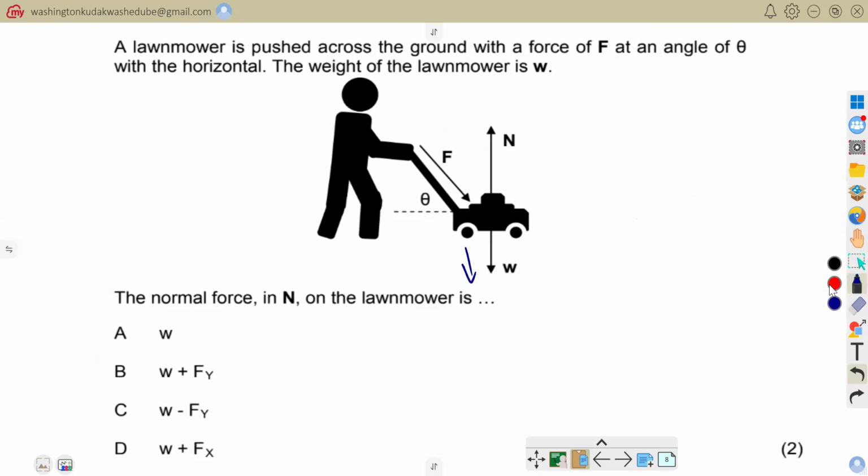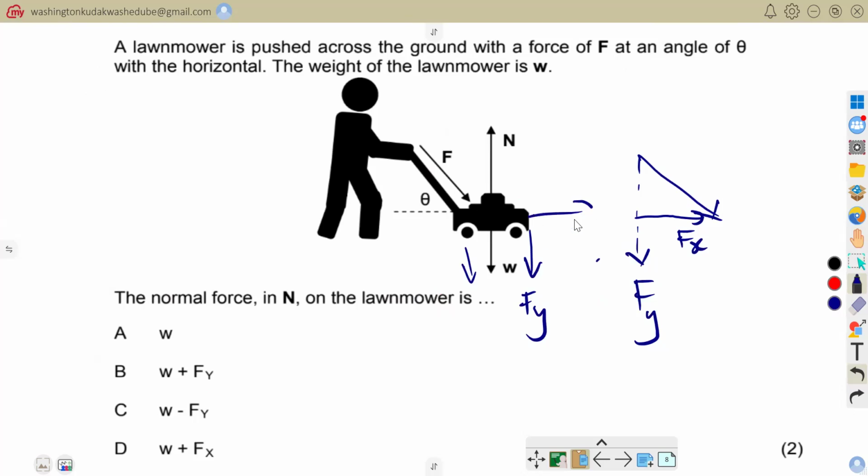So how do we resolve that force? We are saying that force F, which is acting that way, we can resolve it into its vertical component, which is going down, that is Fy, and then its horizontal component that is going towards the right. So you would see that also going down, I now have Fy.